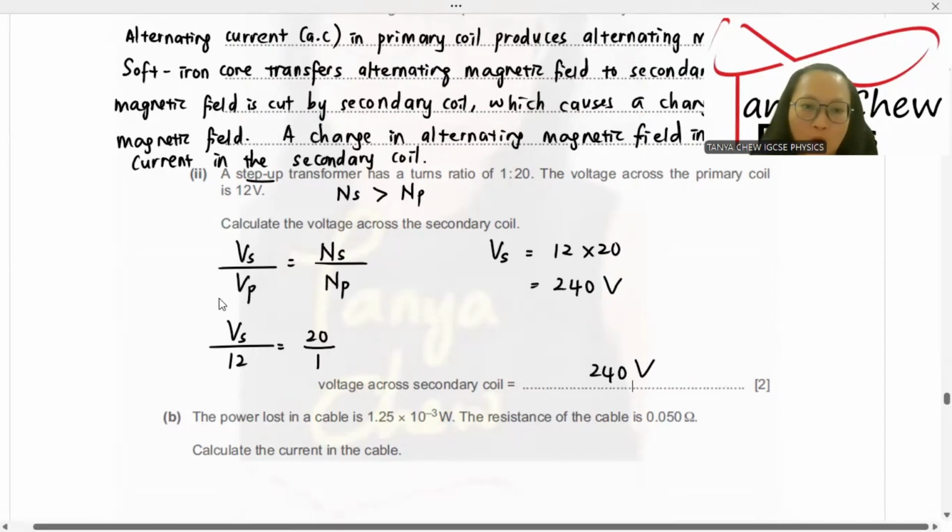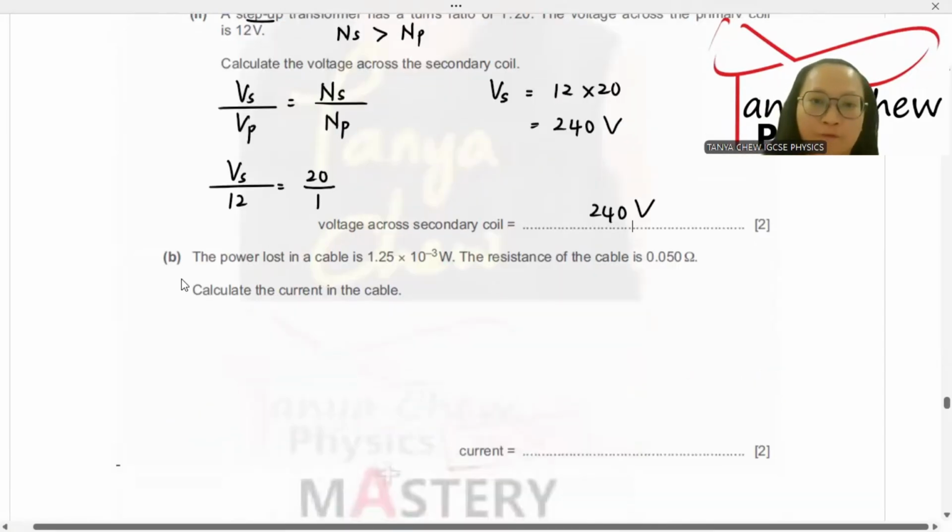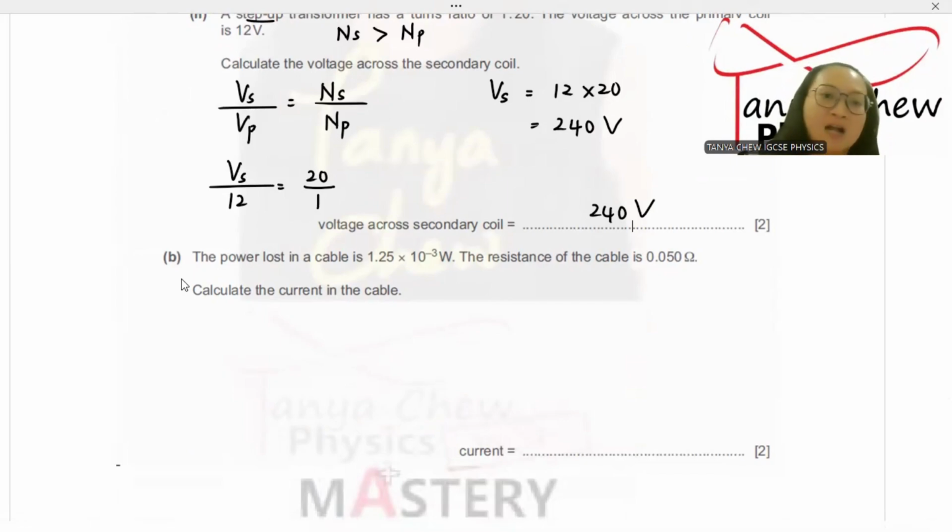B, the power loss in the cable is 1.25 times 10 to the power of negative 3 watt. The resistance of the cable is 0.05 ohm. Calculate the current in the cable. Since this is a power loss and the resistance is given, I am going to use P equals I squared R, and find the current.